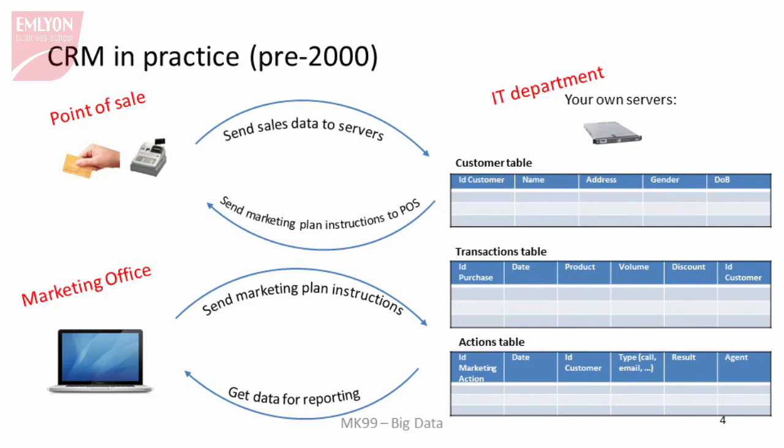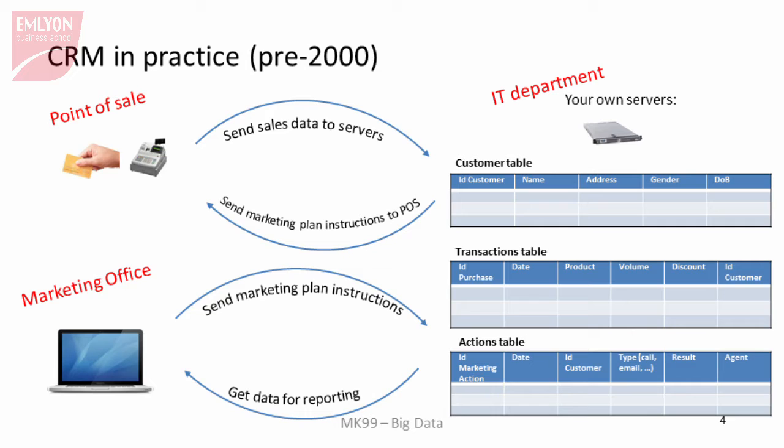The role of CRMs evolved a lot in recent years. A picture of a CRM you could have had a decade ago or more would have been basically a big database, on the right of this slide, where you store all this information in tables.